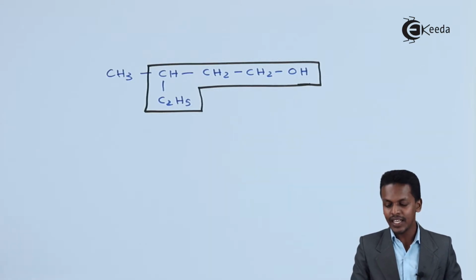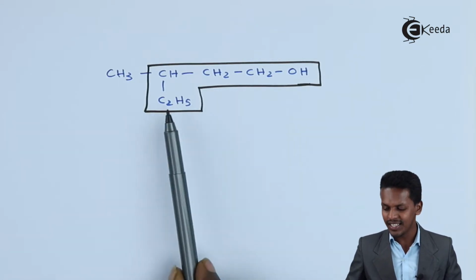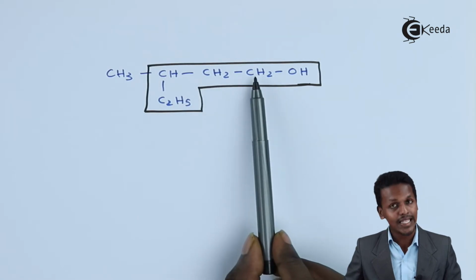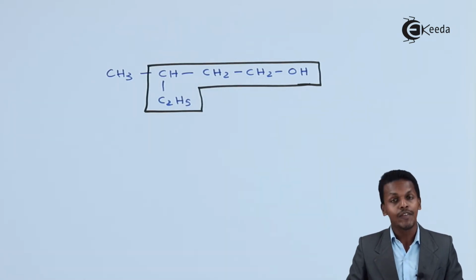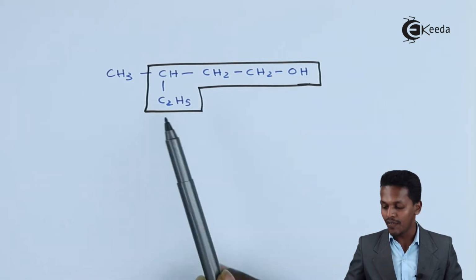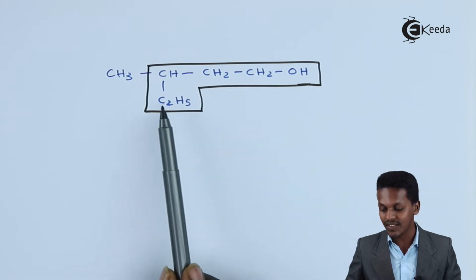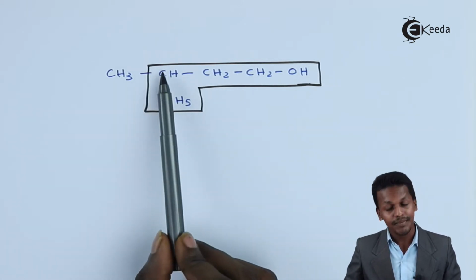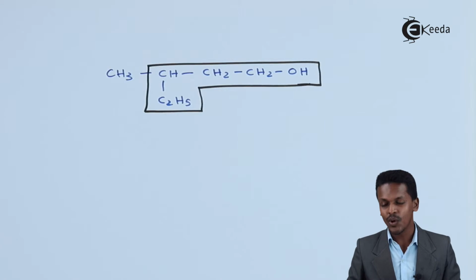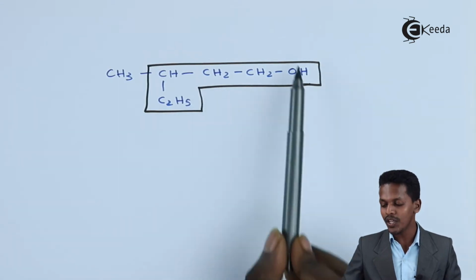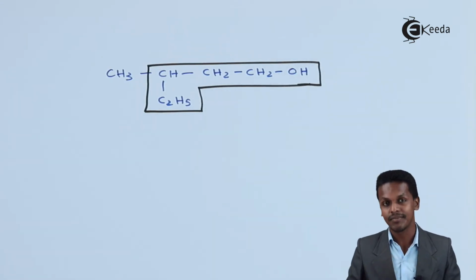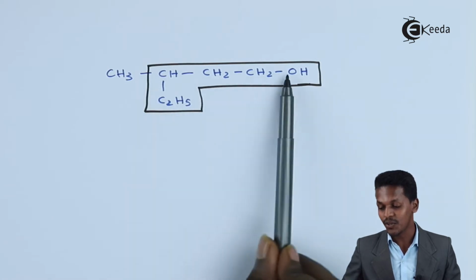Here we can give the number from the terminal carbon atom. Here it is the terminal carbon atom, and in fact this is also a terminal carbon atom. But which side we should number from is the most important thing. For example, if I number it from here, there are 2 carbon atoms, so I could name it carbon number 1 as well as carbon number 2, 3, 4, and 5. So I find that the OH is attached to the 5th carbon atom if I go from this side to this one.